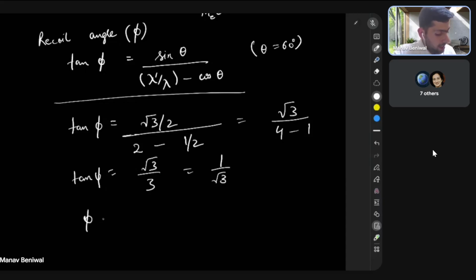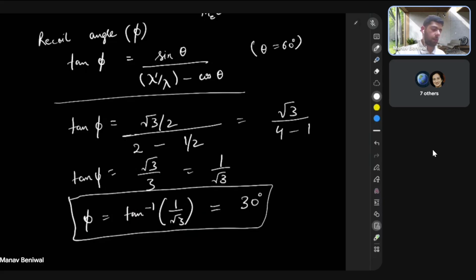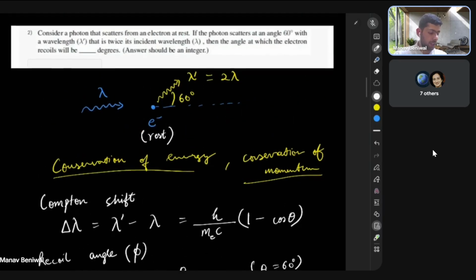So our phi is then tan inverse 1 by root 3, and tan inverse 1 by root 3 is 30 degrees. Okay, so pretty simple problem if you know the formula for electron recoil.